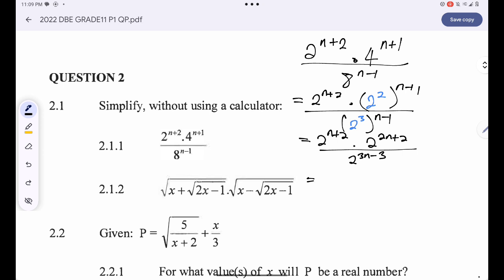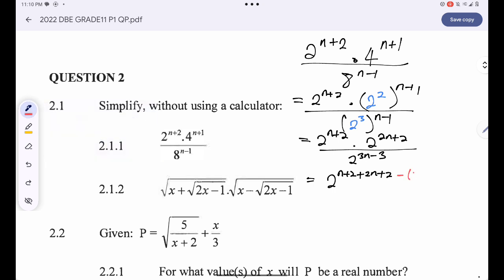Okay, since at the top everything is multiplying, I'll simply take one base and then add my exponents. I'll have 2n plus 2 plus 2n plus 2, right? And then this term here at the denominator is just dividing everything which is at the top, so I'll just subtract its exponent.